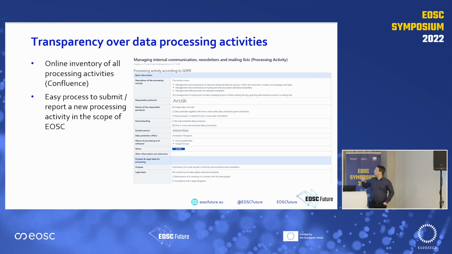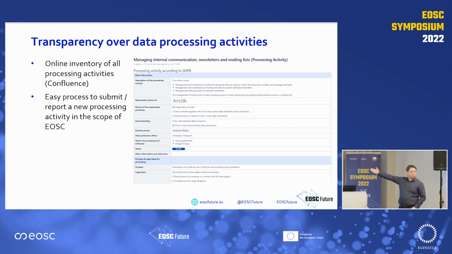Just to give you an impression, this is, for example, one entry or processing activity that is currently recorded in the processing directory of the EOSC DPMS. So we say that there is an activity which is managing internal communication newsletters mailing lists within EOSC Future, and this activity is carried out and controlled by the partner Arctic.